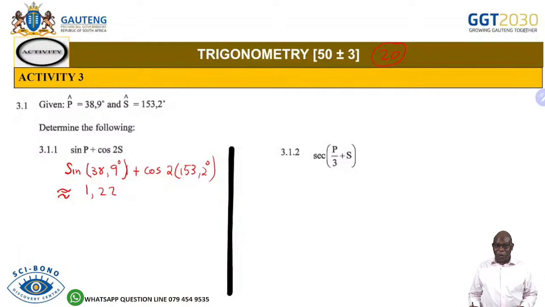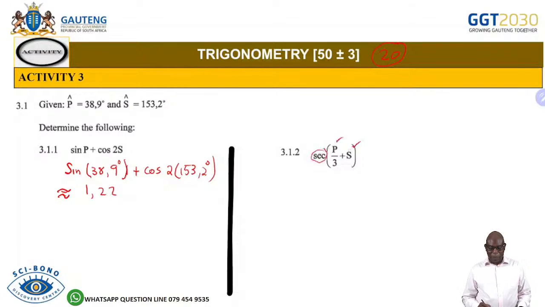Go through the instructions on the question paper. Okay, the next one, same thing. You are going to substitute the P, substitute the S. But the challenge here is the sec, because in your calculator you do not have a sec. So what do I know about sec? It's the reciprocal of cos.